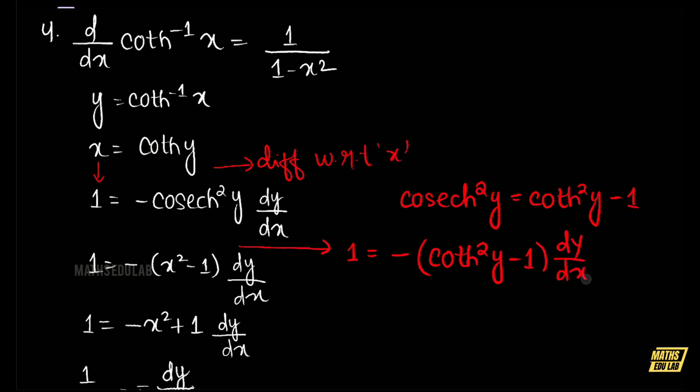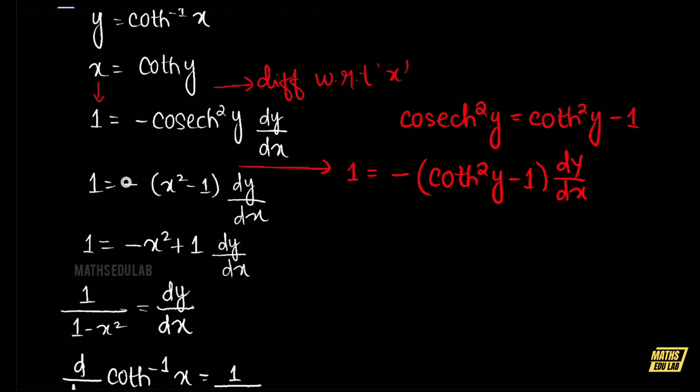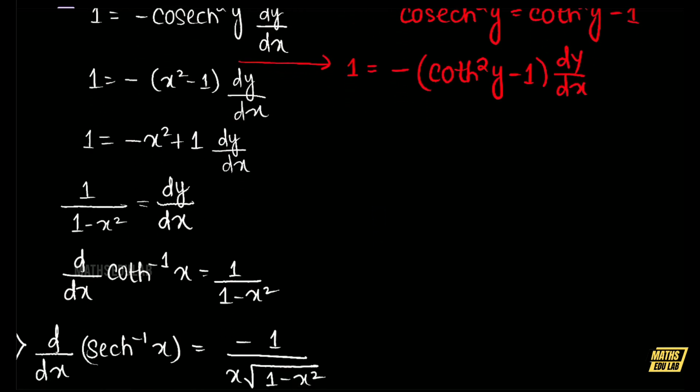Here the coth square y is nothing but the x value. So minus of x square minus 1 dy by dx. On multiplying the negative value, I get 1 is equal to minus x square plus 1 dy by dx. Now I can write it as dy by dx is equal to 1 upon 1 minus x square, since I have multiplied this value to the other side.